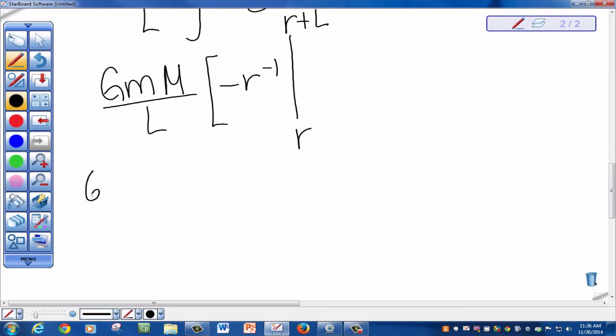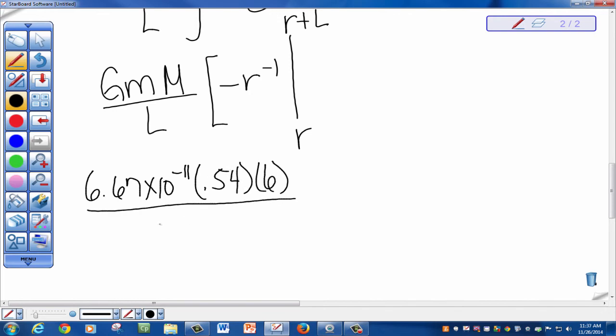So we know G stands for 6.67 times 10 to the negative 11, times 0.54, times 6, all divided by 2.5, times, oh, and one more thing.